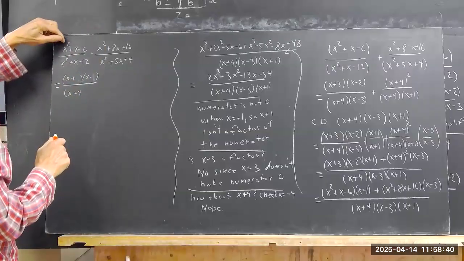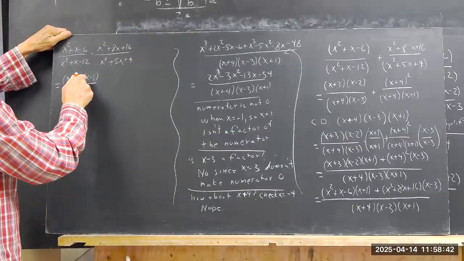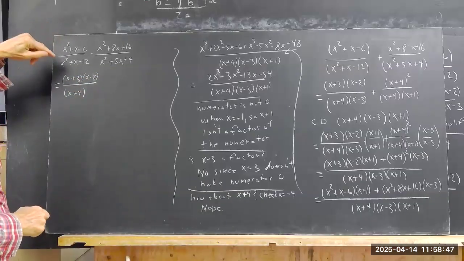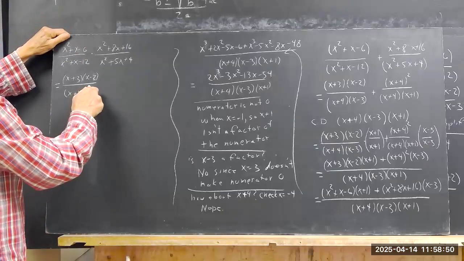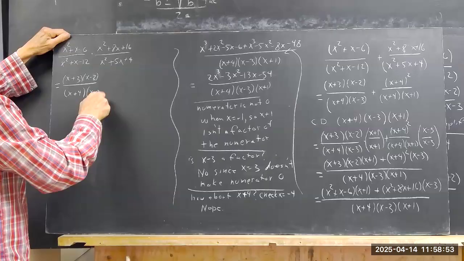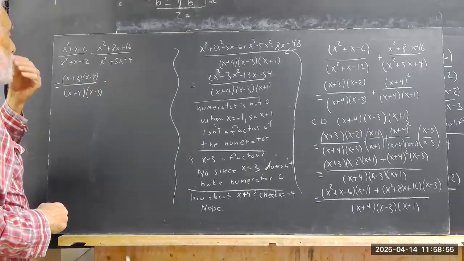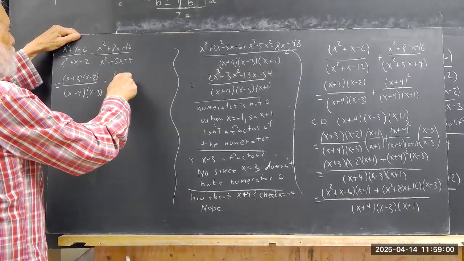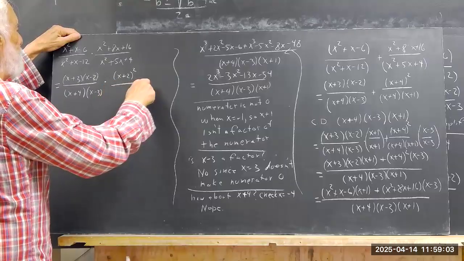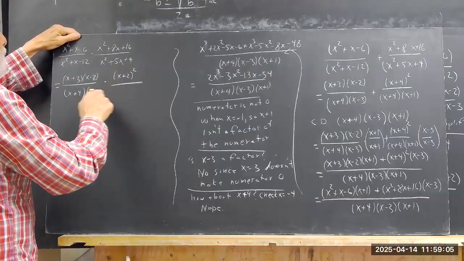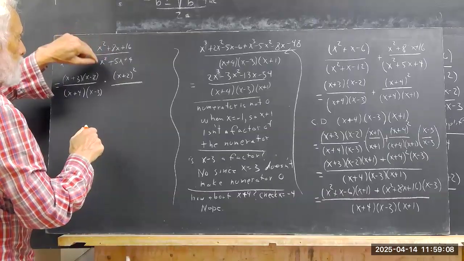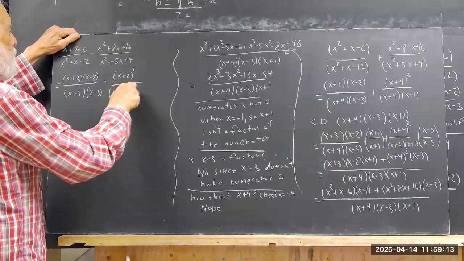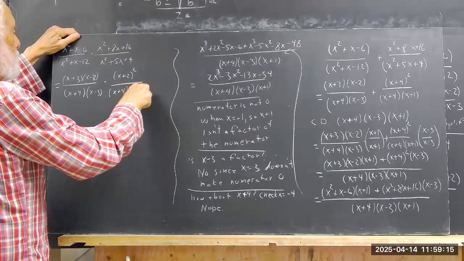Well, it's factoring the numerator. X squared plus x minus 6 factors into x plus 3 times x minus 2. The denominator, x squared plus x minus 12, factors into x plus 4 times x minus 3. And that's multiplied by x squared plus 8x plus 16, which is x plus 2 quantity squared. The denominator of the second fraction, x squared plus 5x plus 4, factors into x plus 4 times x plus 1.